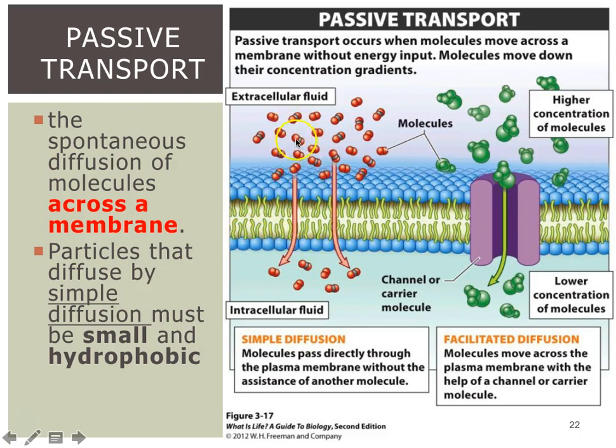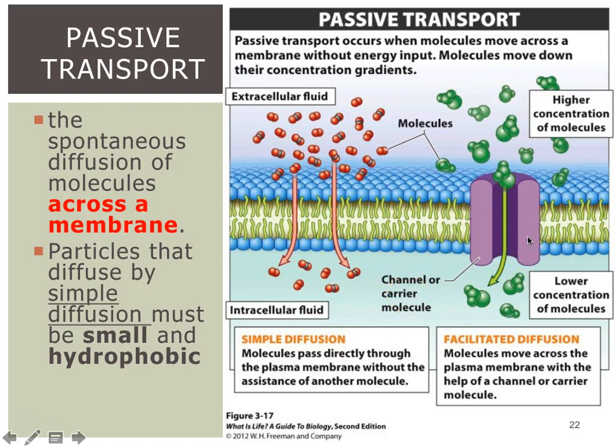So if a molecule is small and hydrophobic, like we see with this carbon dioxide molecule, it can just diffuse right across that membrane through the process of simple diffusion. If, however, the molecule is bigger, or if that molecule is polar or hydrophilic, it's not going to be able to just kind of wiggle its way through the phospholipids. It's got to go through a transport protein. And sometimes you call them channels or sometimes you call them carriers.